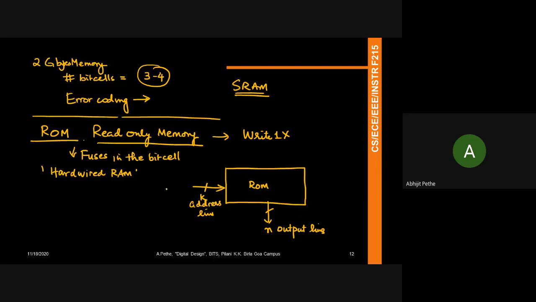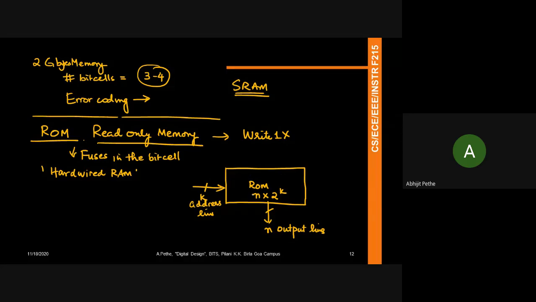So you can think of the ROM as k address lines coming in, and if you think about the ROM size, you can talk about it as 2 to the k by n output lines. What it essentially means is that you can write the ROM with any data that you want.